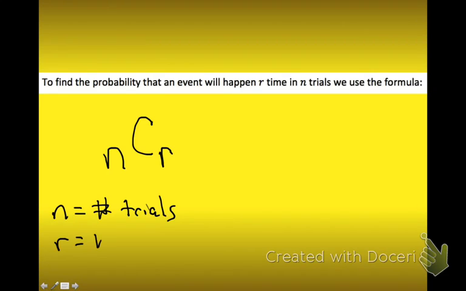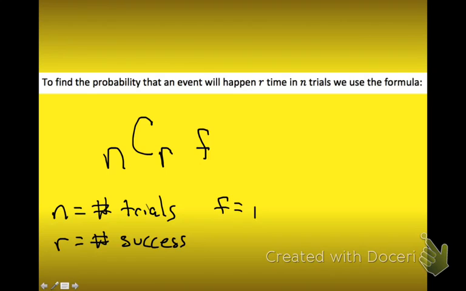So we're taking the number of trials, and we're choosing r successes. So we know that n is the number of trials, and r is the number of successes. And then we're going to take our probability of failure, so how many times do we fail?